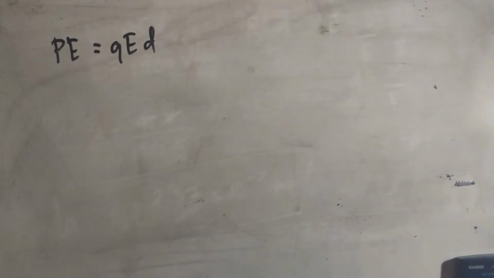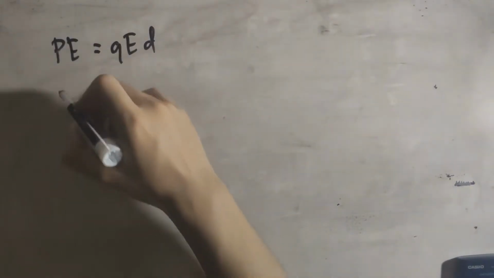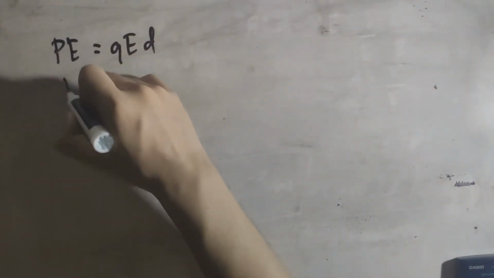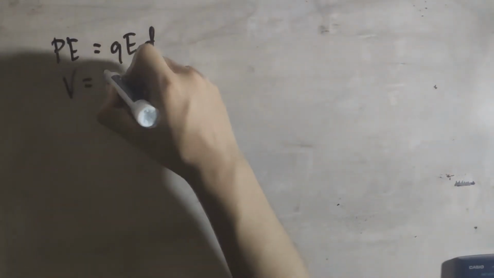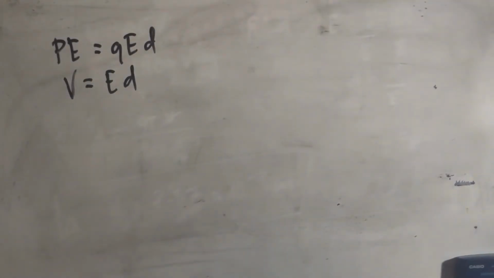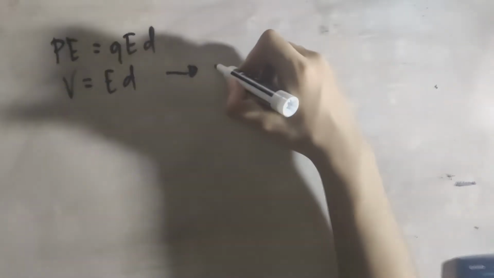This ED is electric field times distance, and from the definitions we have learned earlier, voltage is equal to electric field times distance. This is what we call the potential gradient.